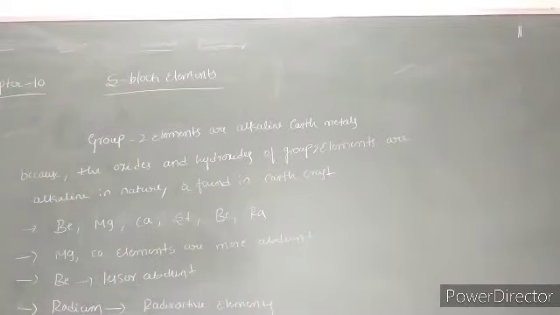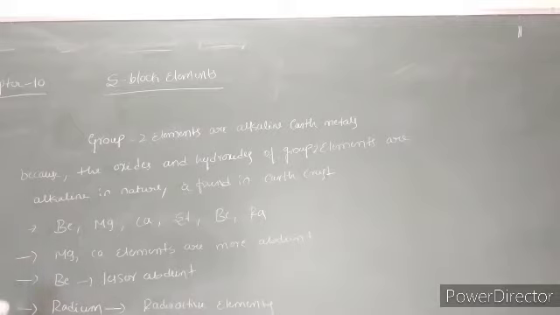So these are the group 2 elements: beryllium, magnesium, calcium, strontium, barium and radium. Strontium and barium have lower abundance. Calcium and magnesium are more abundant in nature and radium is the radioactive element.